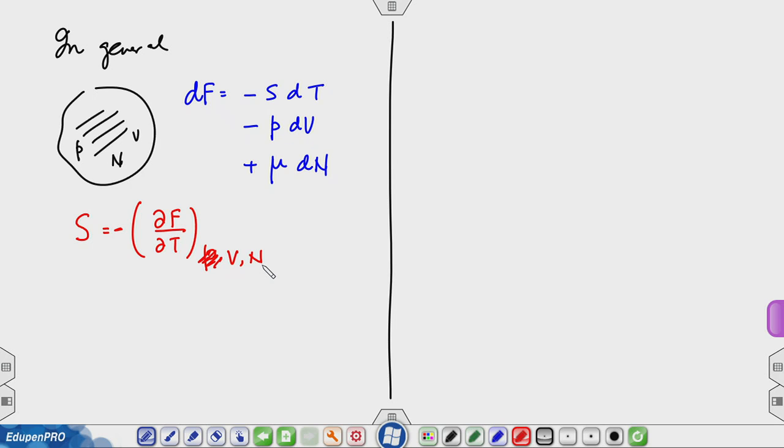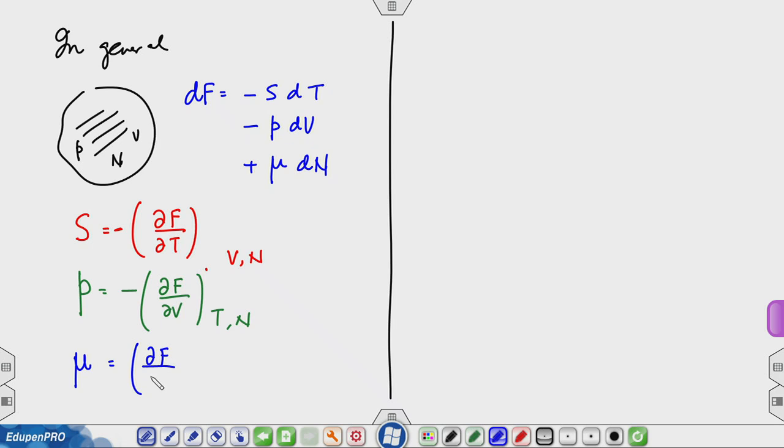As I had motivated earlier, we had implicitly in mind that the number remains unchanged. Similarly, pressure is minus partial F partial V at constant temperature and constant number. And the new thing is this chemical potential mu, which is partial F partial N at constant V and T.